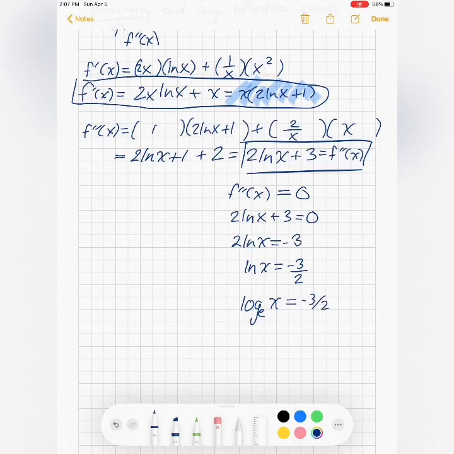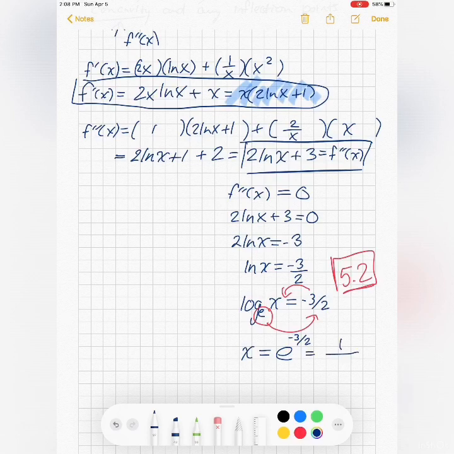So here I need another log rule, changing to exponential form. What section was this in? 5.2. So that would be x equals e to the negative 3/2. Should I simplify that? So that's 1 over e to the 3/2.